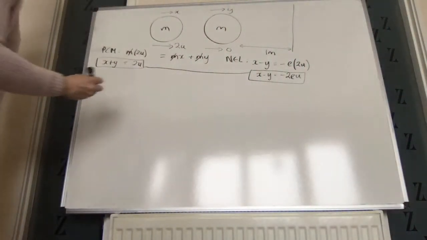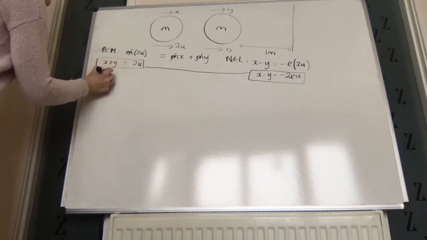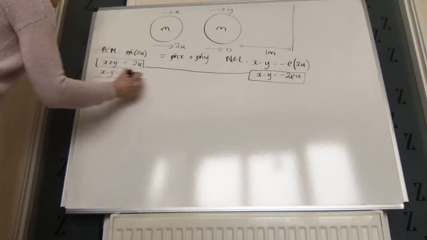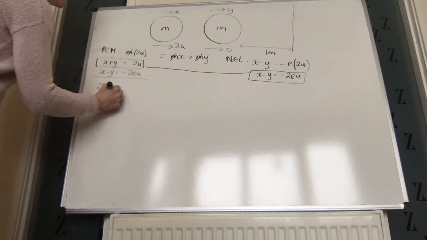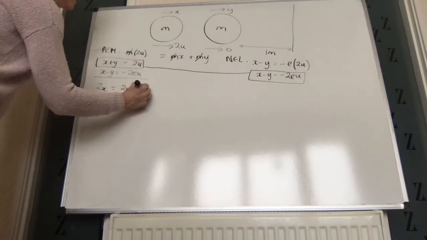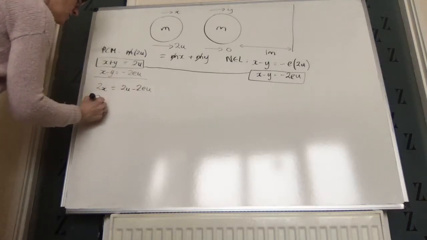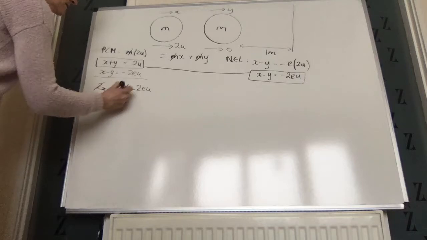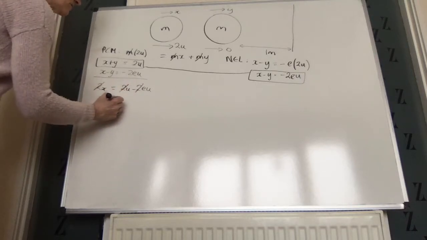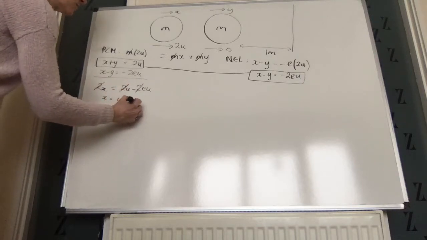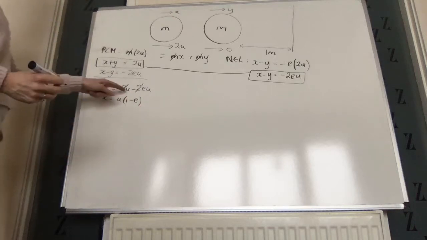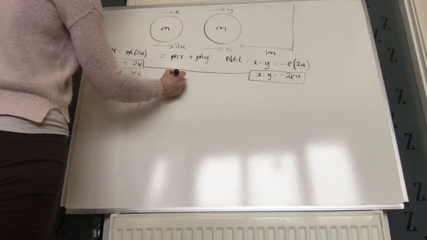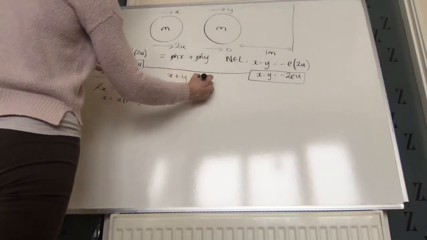If we add them together, we get 2x is equal to 2u minus 2eu, and we can divide across by 2. x is equal to u times 1 minus e. Now let's look at x plus y equals 2u.